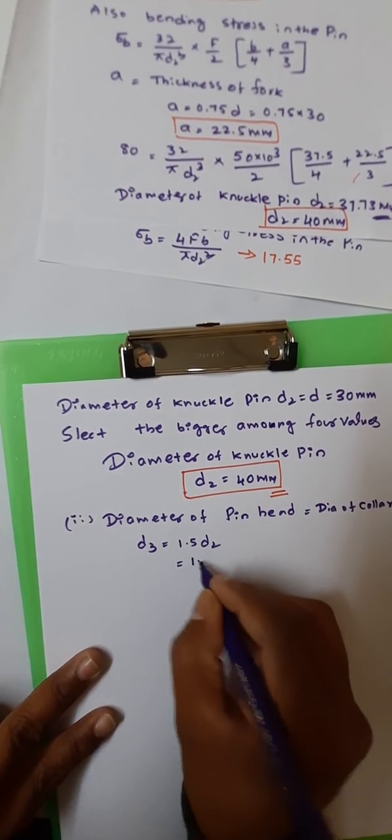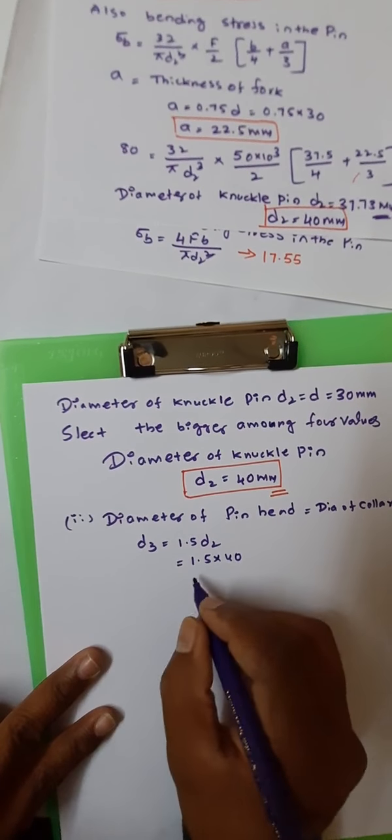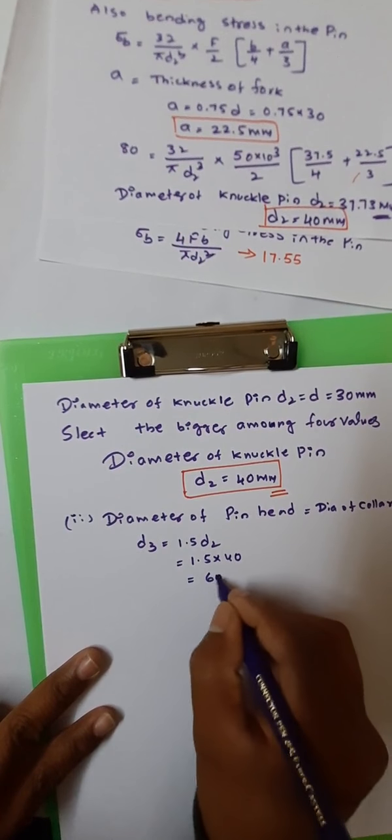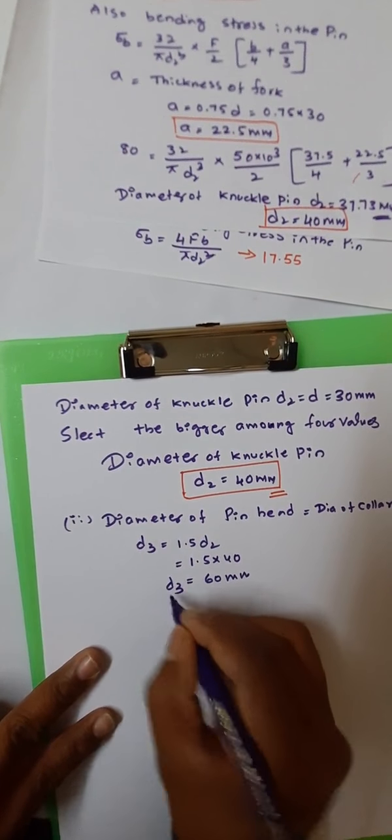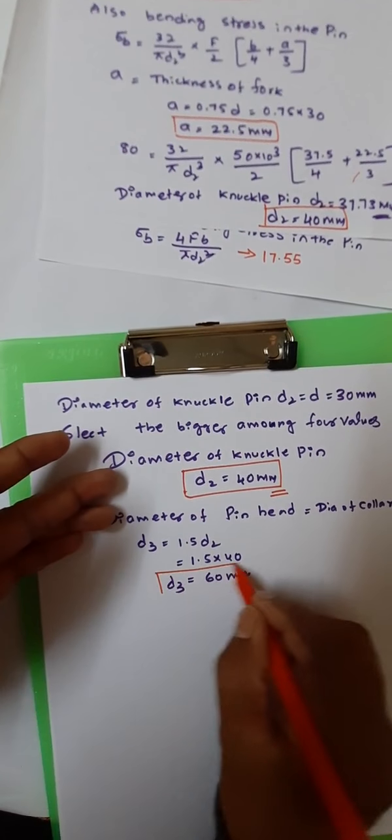So substitute that 1.5 into 40 will get 60 mm. So d3 is equal to 60 mm.